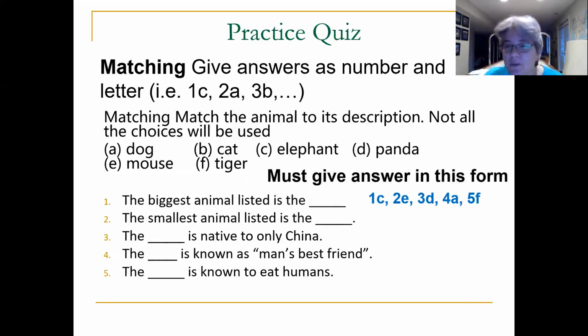I don't want you to write the words. Some of you decided to make up your own choices. If you make up your own choice, it's wrong, okay? Don't make up your own choices. And you shouldn't use choices more than one time unless I tell you you can. So make sure you follow the directions for these matching problems.